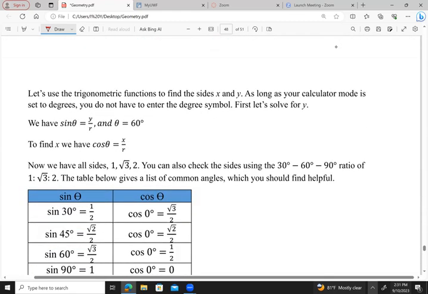So let's use the trigonometric functions to find the sides x and y, as long as your calculator mode is set to degrees. You do not have to enter a degree symbol. So we have sine theta equals y over r and theta equals 60.